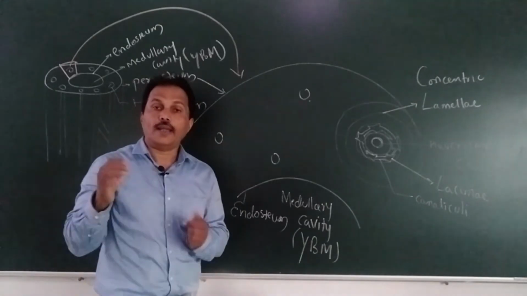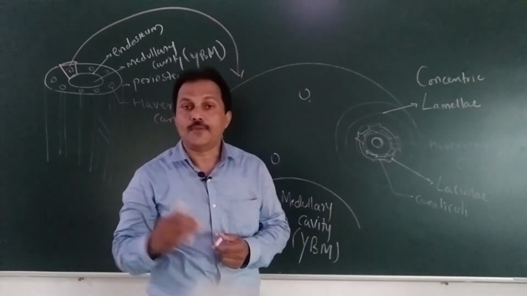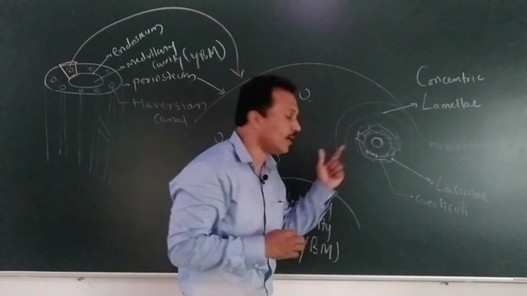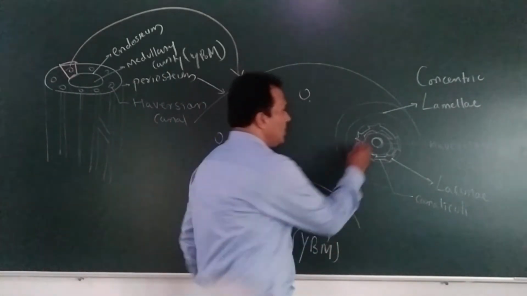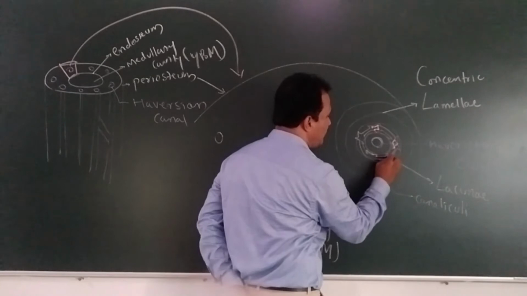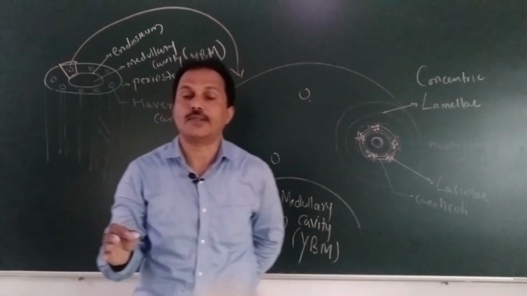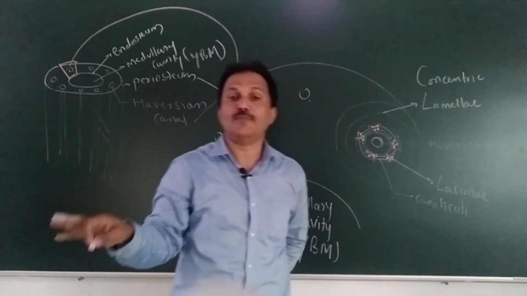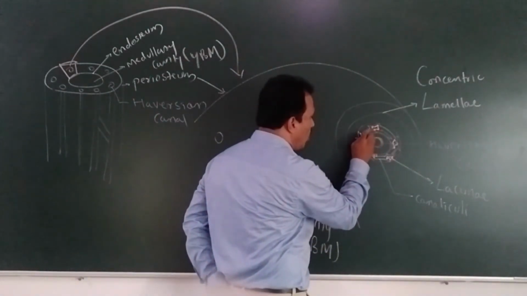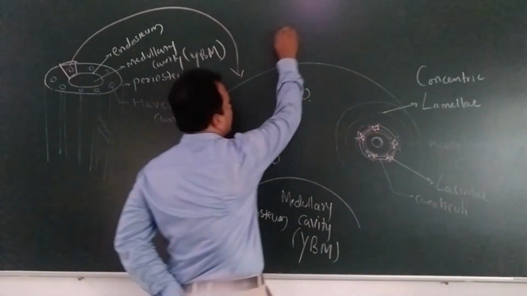So what exactly is present in these irregular lacunae? The types of cell, osteoblasts, osteocytes and osteoclasts, are present in these lacunae. Here I will draw the osteocyte that is present in these irregular spaces. These cells spread their cytoplasmic processes and get connected with another osteocyte.